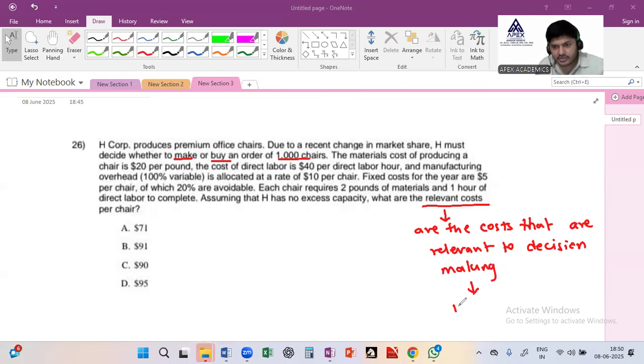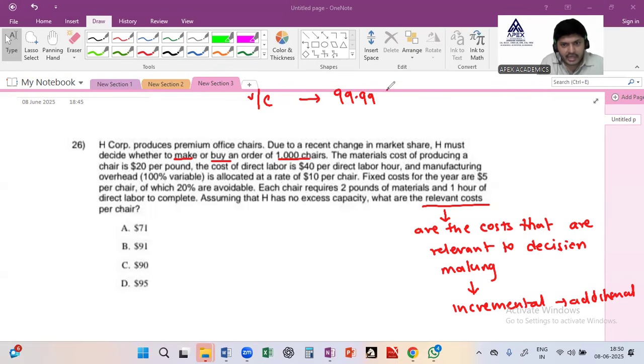These are costs that are incremental, that is additional in nature. So when it comes to variable costs, in 99.99% of the cases, they are incremental, that is additional. That is, whenever you have to produce more, you have to incur that particular variable cost.